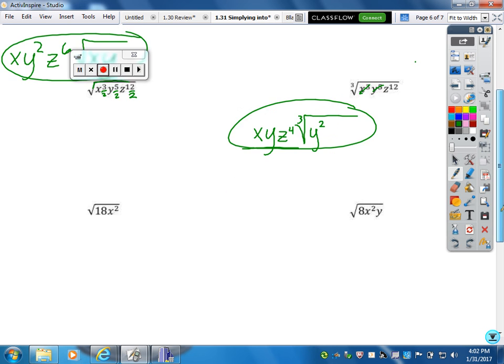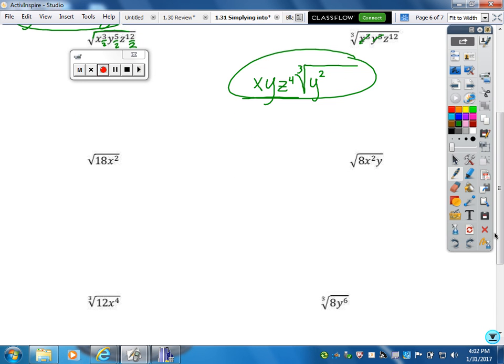So for these next couple examples, I'm just going to combine what we did with the numbers and what we are learning about these exponents, these variables. So when I see the square root of 18x squared, first off, it's a square root, so I'm looking for pairs. Let's see what goes into 18. 9 and 2, and 3 and 3. So in this square root, I have a 3 with a partner that gets to escape.